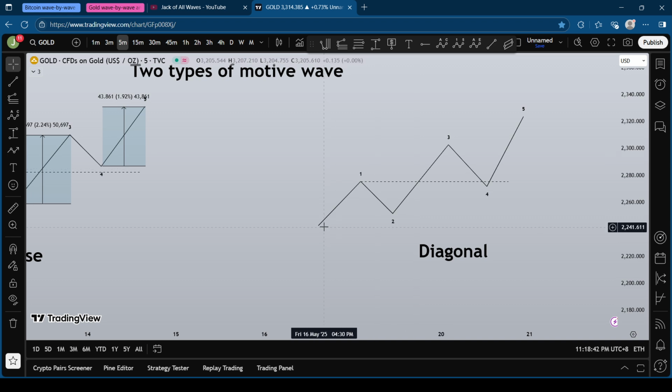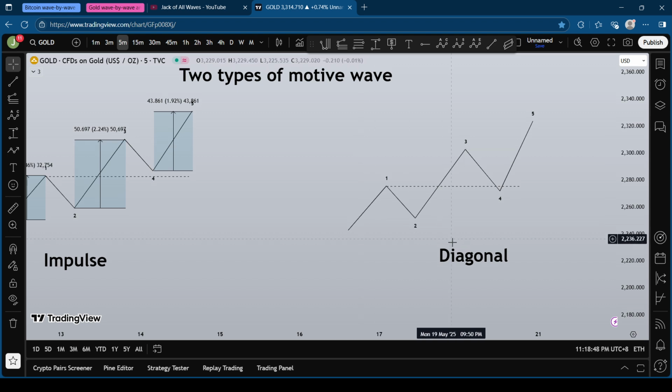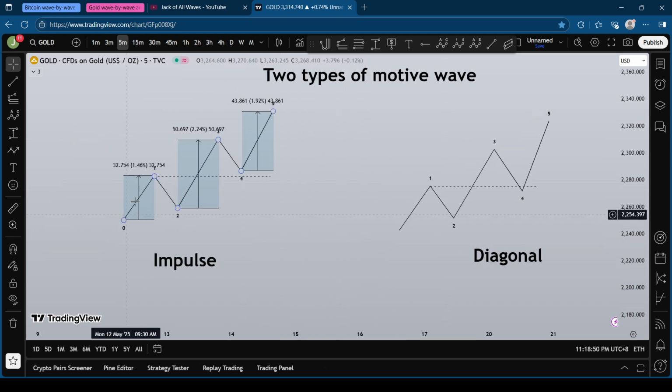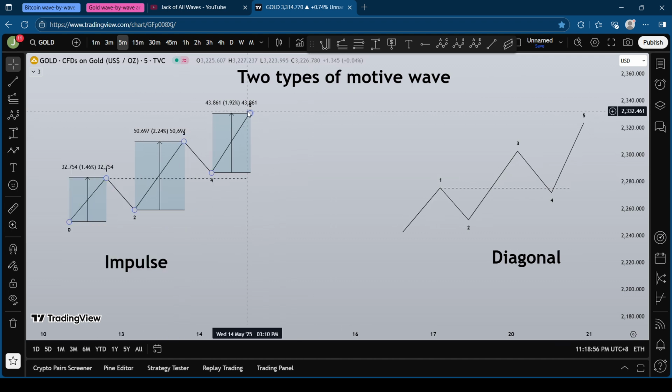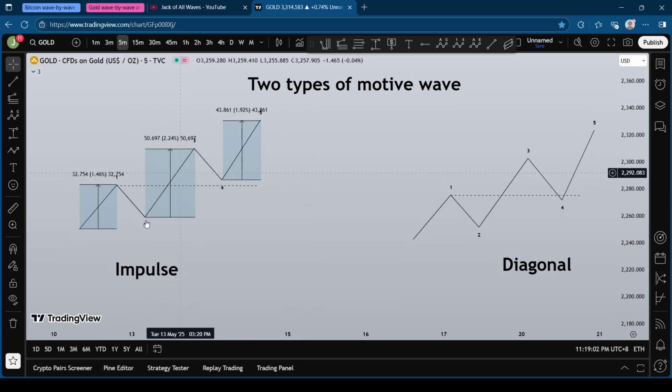Or it can also be labeled as 3-3-3-3-3. But the diagonal can only happen on the higher degree wave 1 or higher degree wave 5. The diagonal should never happen in the wave 3 of an impulse wave.